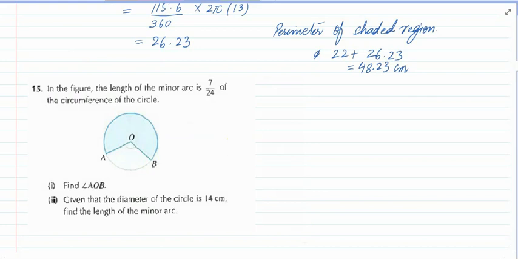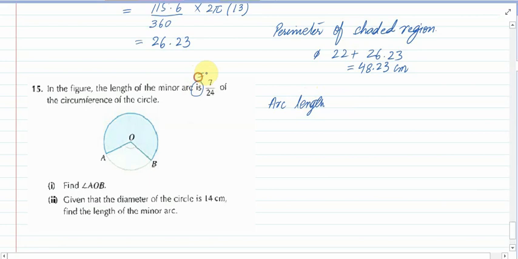So what I am going to do, I am just writing the same expression like minor arc. So it says arc length is, in mathematics, equal to 7 divided by 24 of the circumference. So I have written the expression into mathematical form.